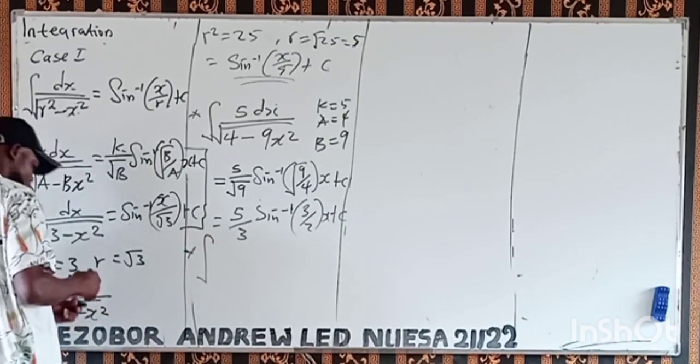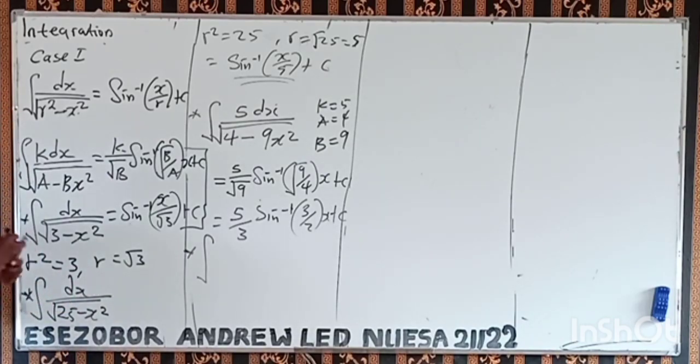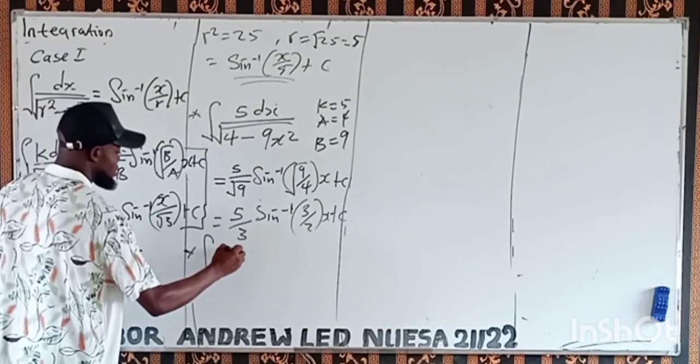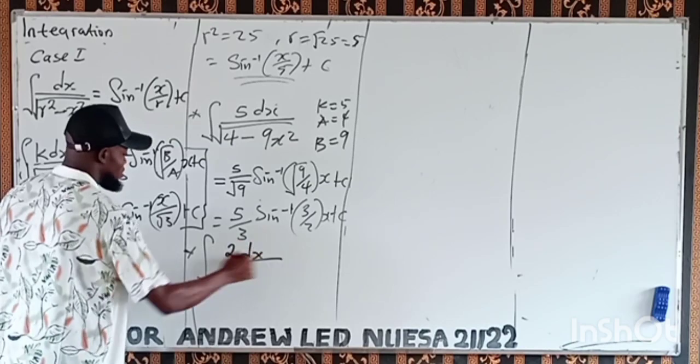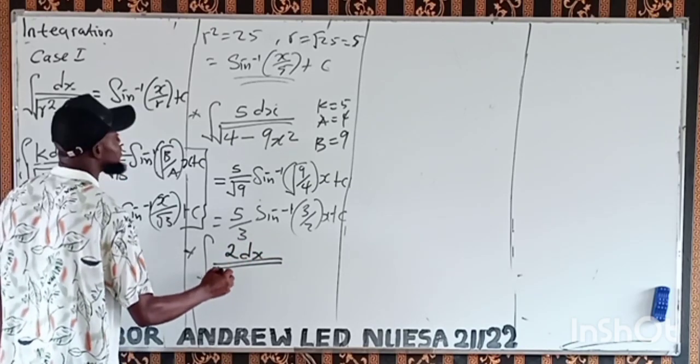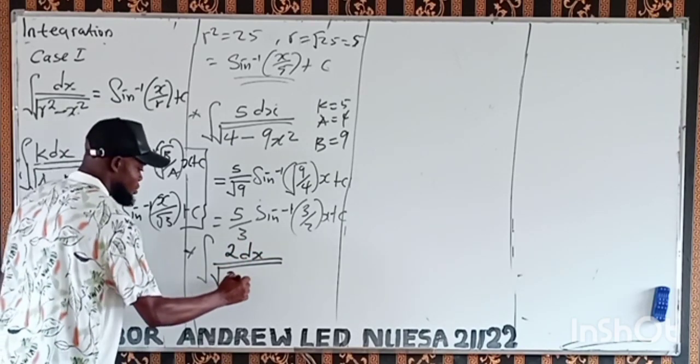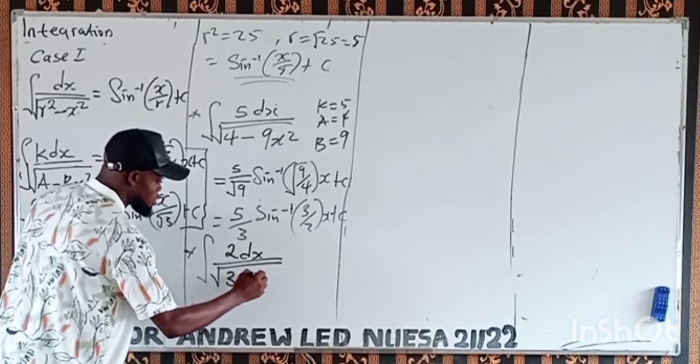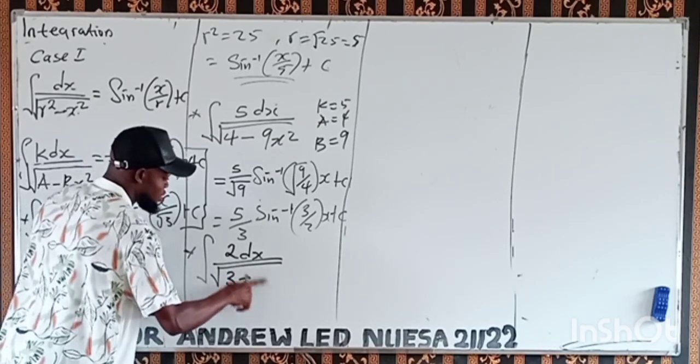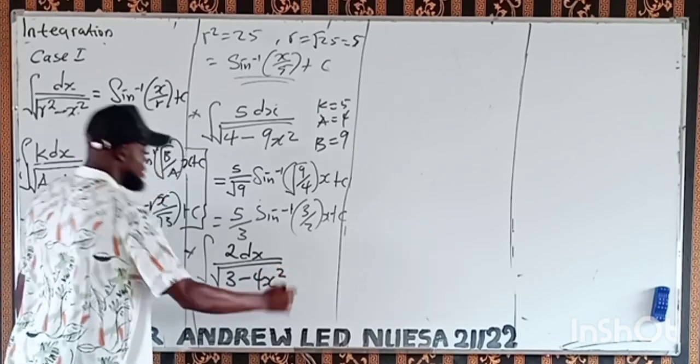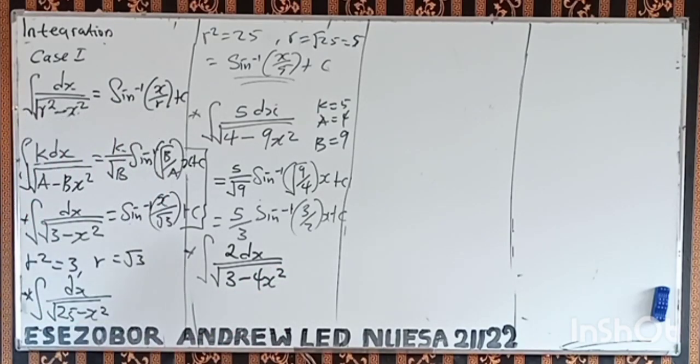Integral, let's say we have 2 dx over the square root of 3 minus 4s squared. Try something so you can do it.